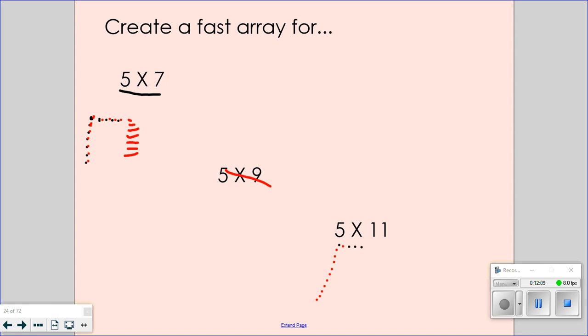Okay? So now that we know how to draw a fast array, anytime I ask for an array, you can draw a fast array. Does that make sense? All right, I'm going to stop doing that. You could do a real array or a fast array. Either is fine with me. Happy? Great.